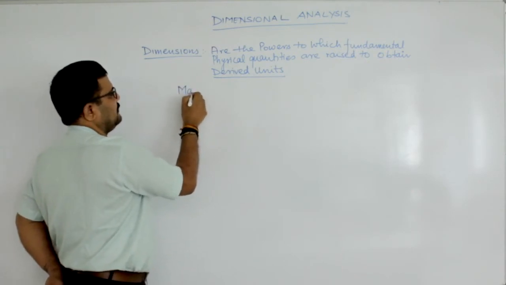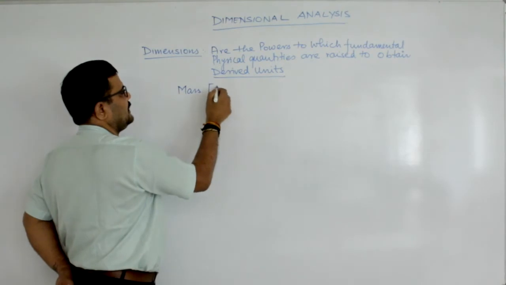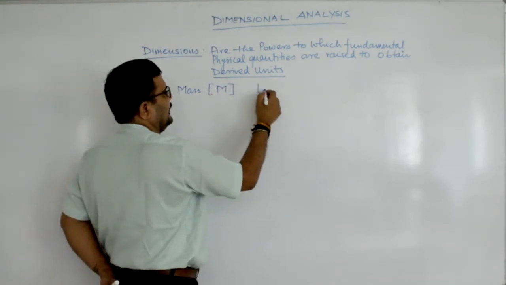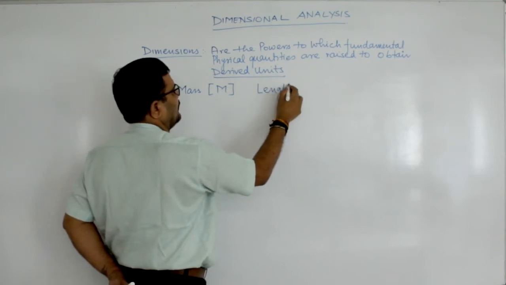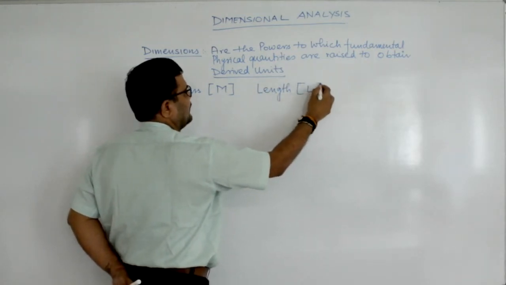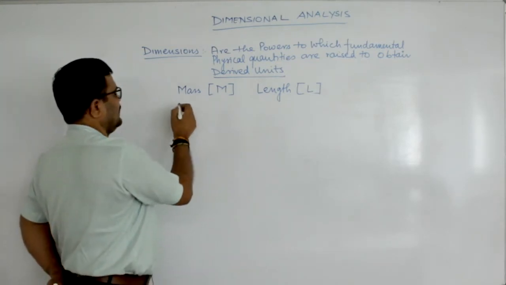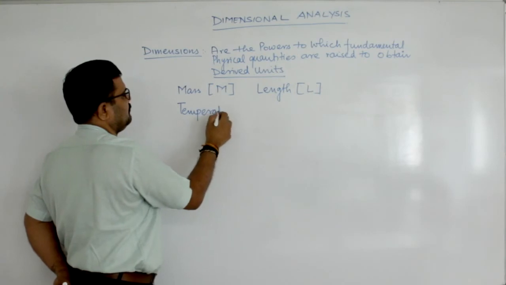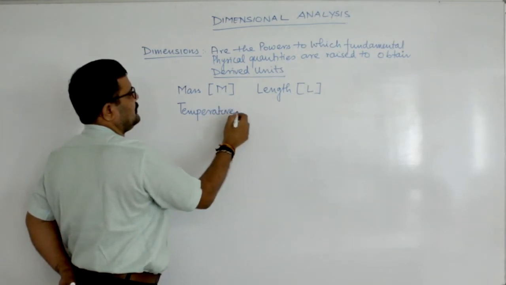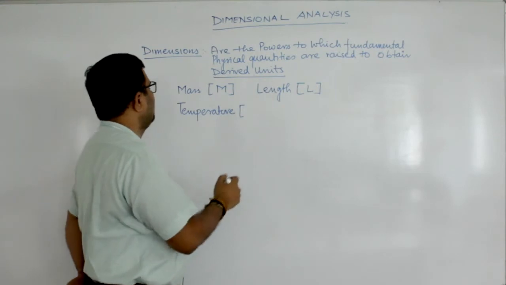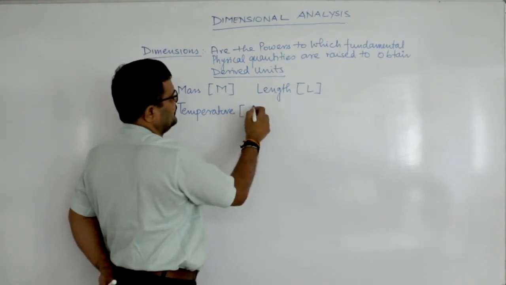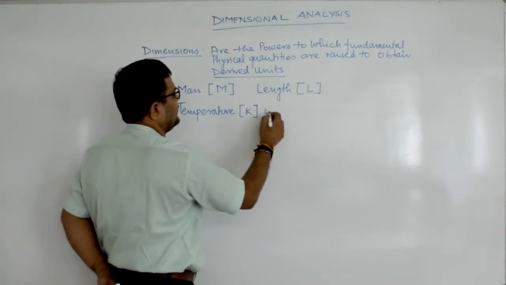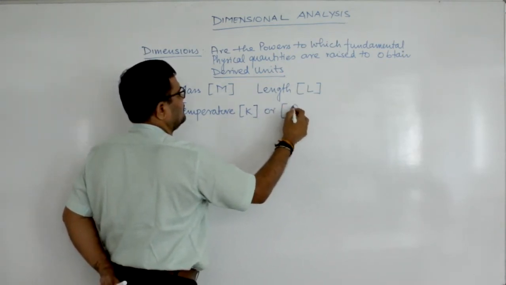That is mass. Mass is denoted in dimensions as capital M. Length we will use as capital L. Then temperature, in the case of temperature we have to use SI unit Kelvin or we can use theta.